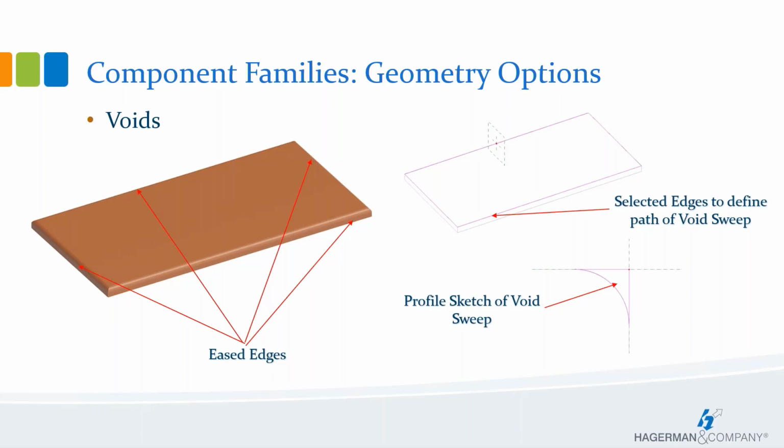So if the underlying geometry changes, the hosted void sweep will adjust automatically. And no matter what the size of the tabletop is, it's going to maintain that eased edge. So those sketch lines will just stay associated with the picked edges and move right with it.